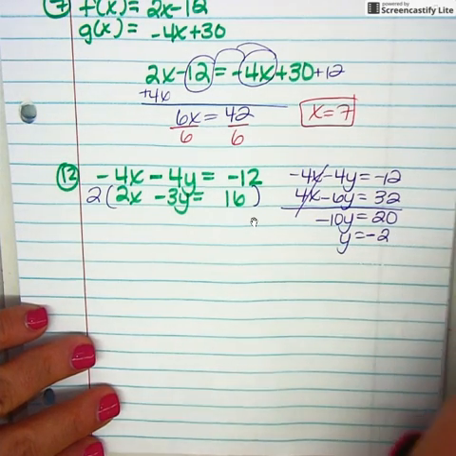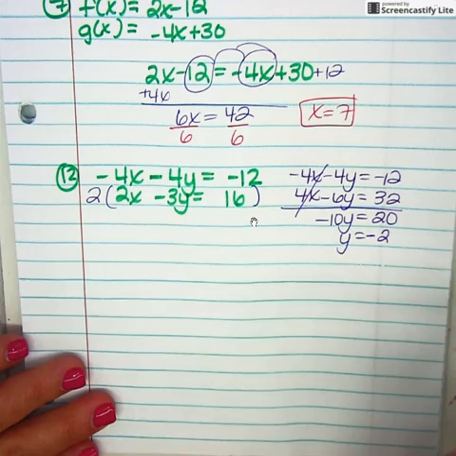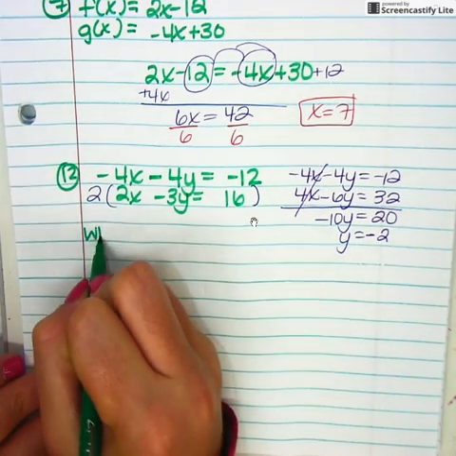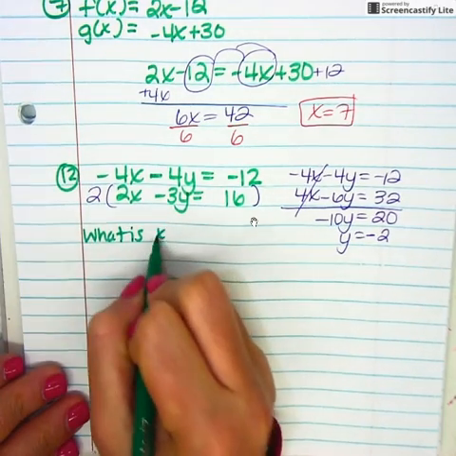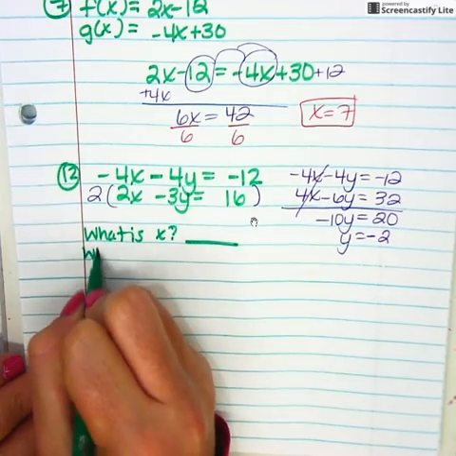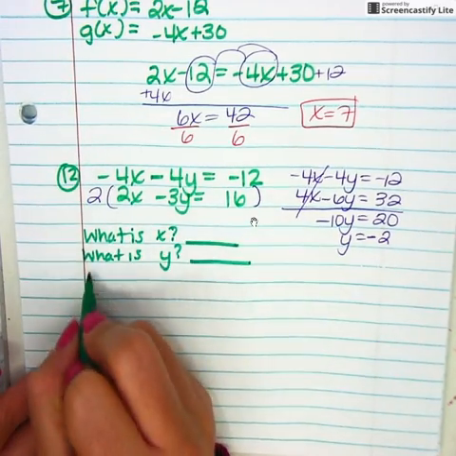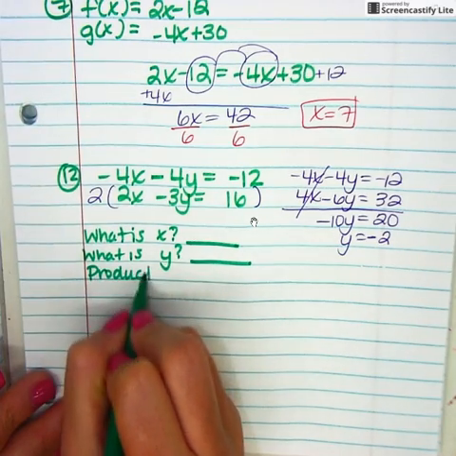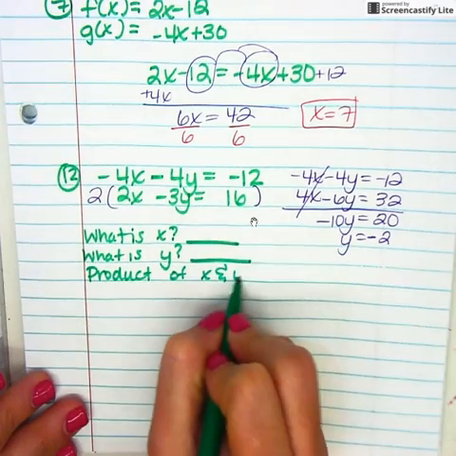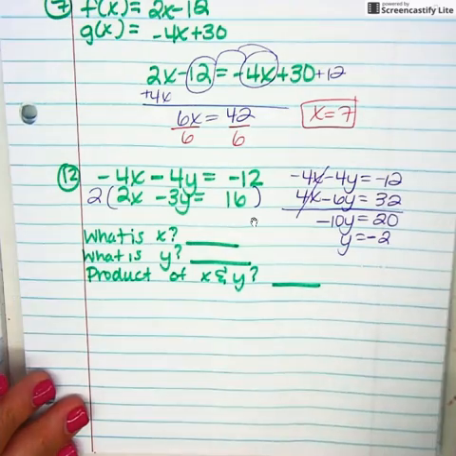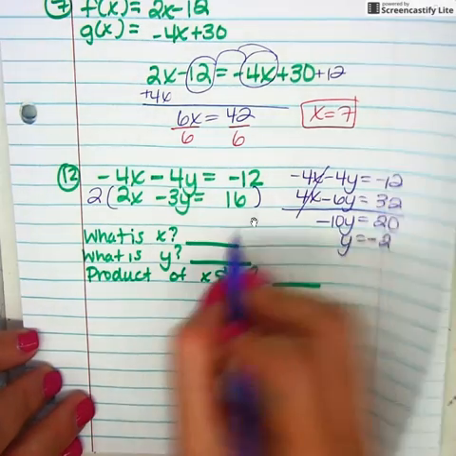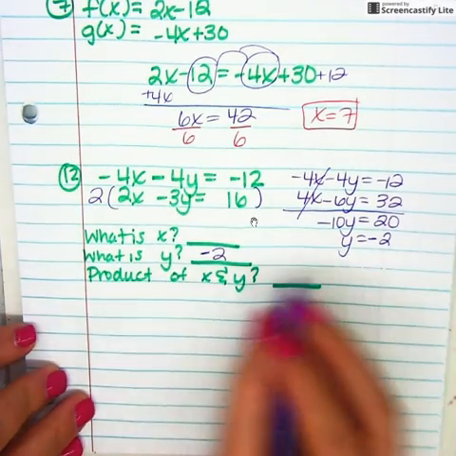Once I have my y, and you will notice on your answer sheet that it says, what is x? What is y? And then it says, what is the product of x and y? So y we found out is negative 2. Okay, plug that back in.